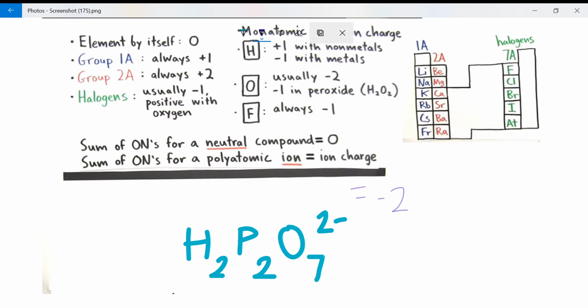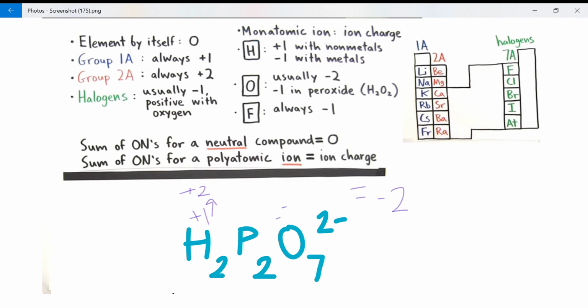We also know that hydrogen is -1 with metals, but that's not the case here, because it's with phosphorus, a nonmetal. So it would be +1, but there's 2, so we multiply by 2 and get +2. Phosphorus we don't know because there's no rule, but we do know oxygen, which is usually -2.